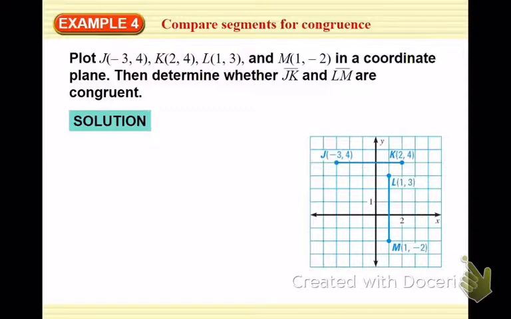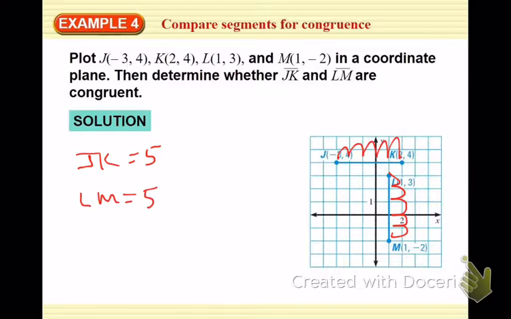And this only works for horizontal and vertical lines. So the length of JK, if you were to count from J to K, you'd go 1, 2, 3, 4, 5. From L to M, we would go 1, 2, 3, 4, 5. And so the length of JK and the length of LM are both 5.